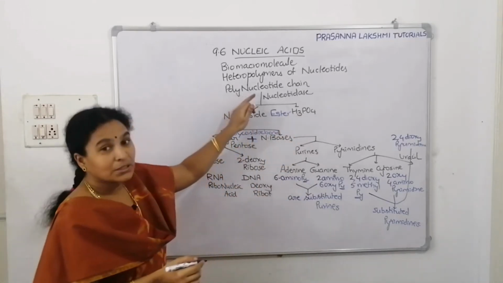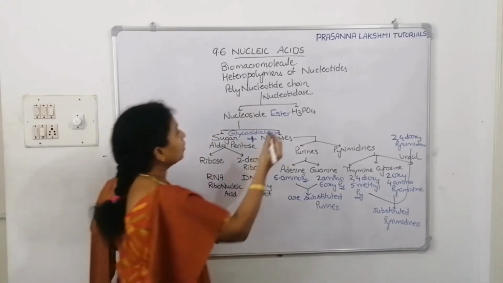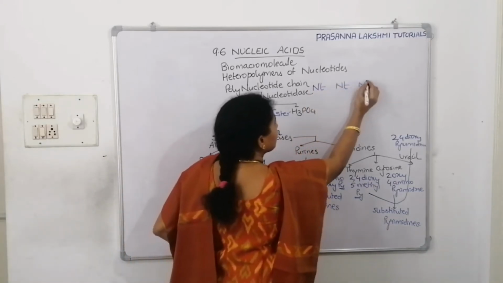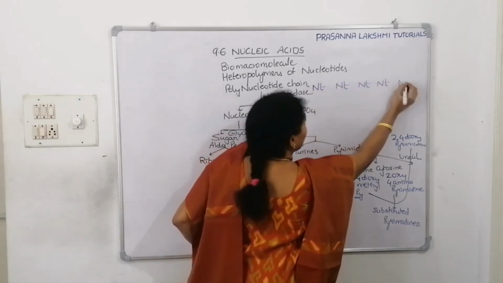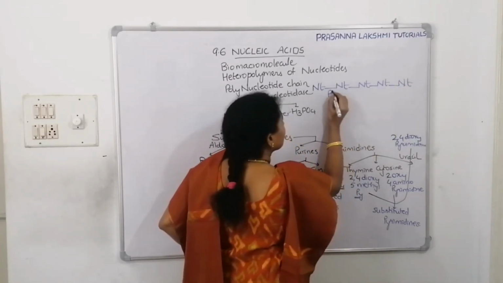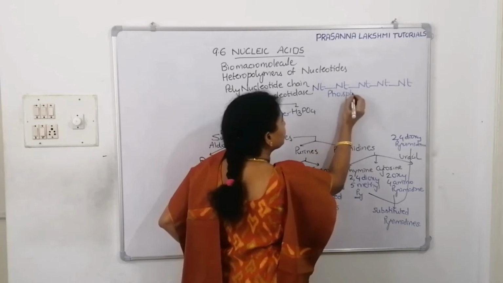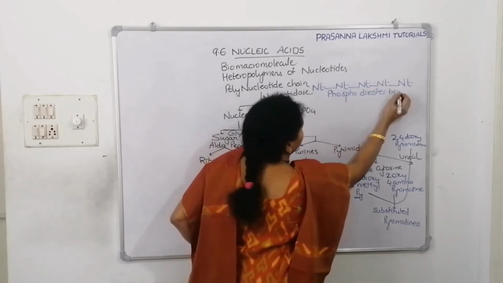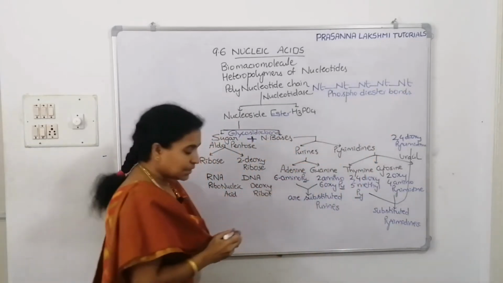You will get a nucleotide. One nucleotide joined to another nucleotide, another nucleotide, to make a polynucleotide by what bonds? They are called phosphodiester bonds. So this is our basic introduction.